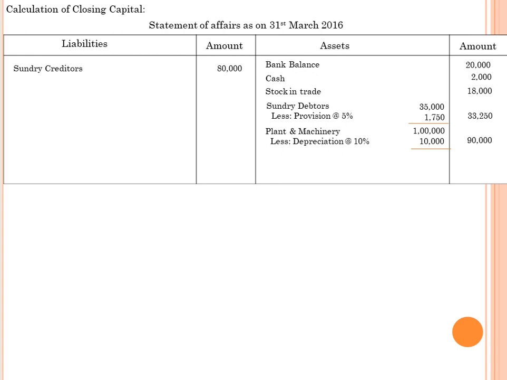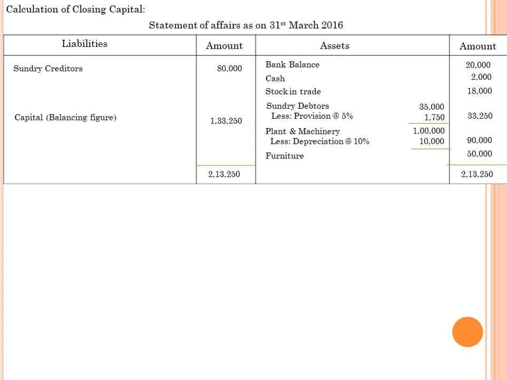And balance, you put 90,000. And furniture, we don't have any adjustments. Find the total from the asset side: 2,13,250. Put the same value in the liability side and find the balancing figure. That balance we call the closing capital. You know how much the closing capital is? 1,33,250.